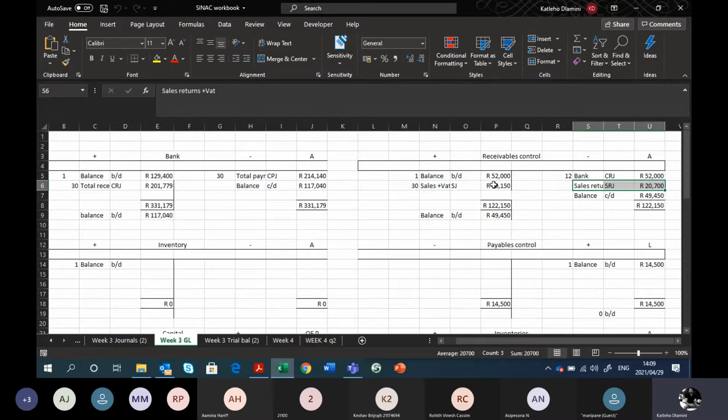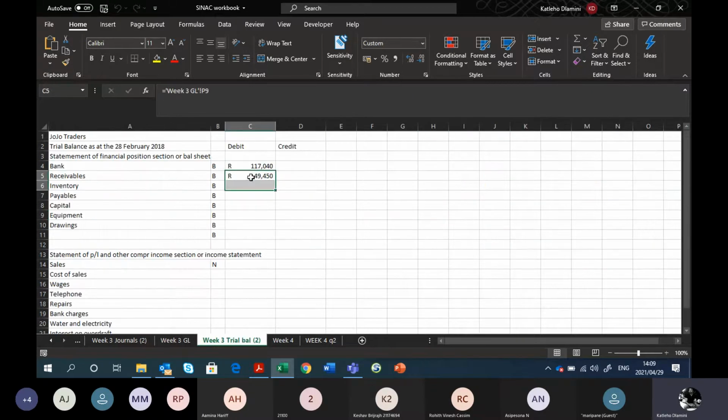Okay. This side ended up being the bigger side, so I said that, okay, my receivables account is equal to 122,150 Rand on both sides, but it isn't because there's that missing 49,450, which is our carrying down balance, and it's going to be brought down there. So that 49,000, I put it over there.